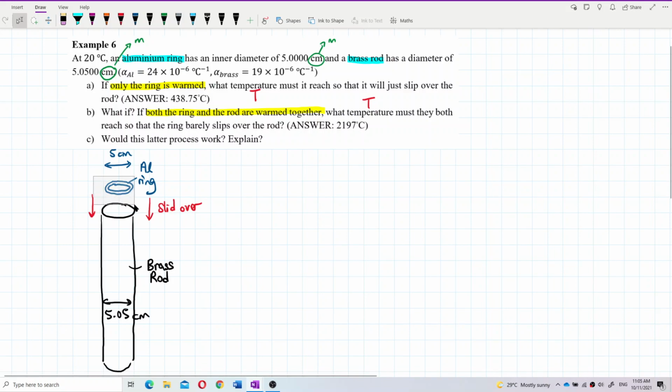Maybe I will draw. It expands, then it can pass through. Before that it is small. So we want to find at what temperature it expands until it can pass through.